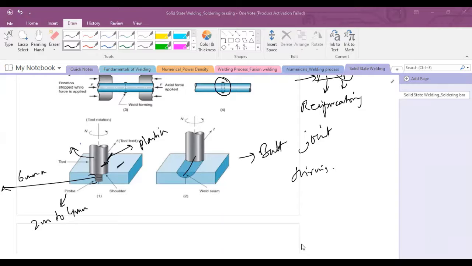But there is one disadvantage: at the end of the welding, when the probe comes out, it will create one hole on the surface of the base metal, and you have to fill this hole with the help of some filler material to prevent leakage or to prevent atmospheric oxides.